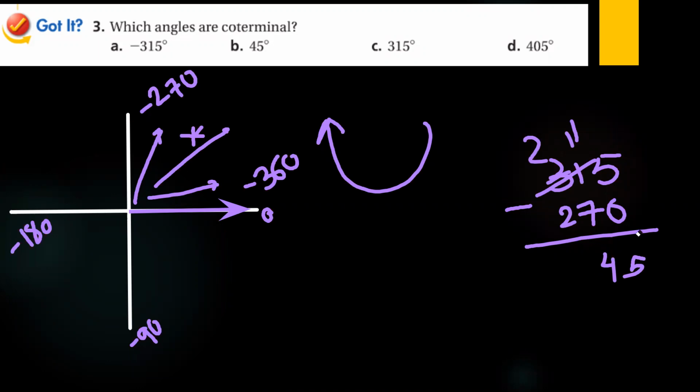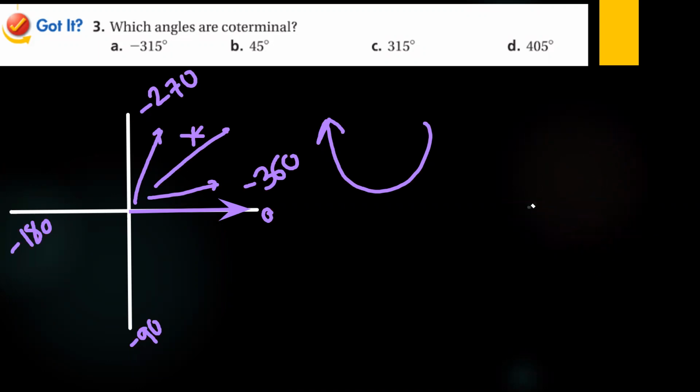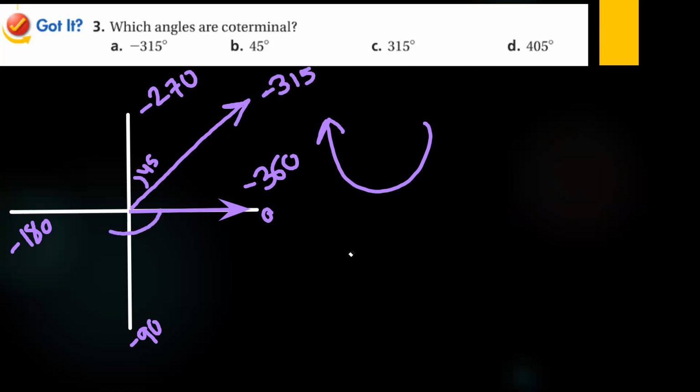So when I see that the difference between the y-axis and this is 45, that means I will rotate here with 45. Continue rotating with 45. So that means here it will be the angle. So this will be now negative 350.